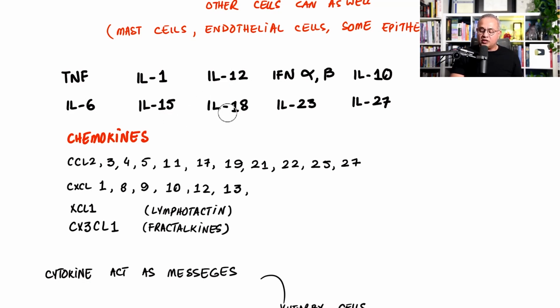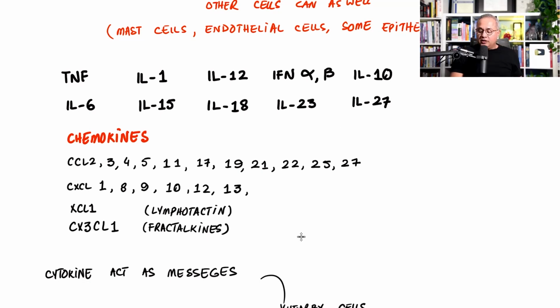Then interleukin 12, 15, 18, interferon alpha and beta, especially interferon alphas. We'll talk a lot about that as well because these are produced especially in the viral infections and they help the neighboring cells to shore up their defenses. Interleukin 10, interleukin 18, 23, 27, and more.